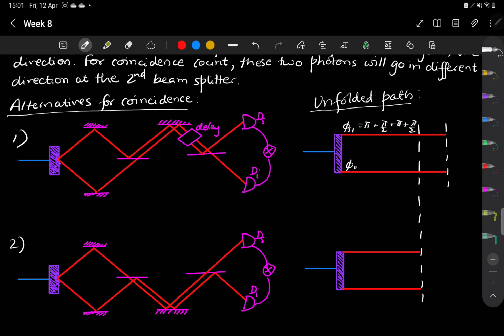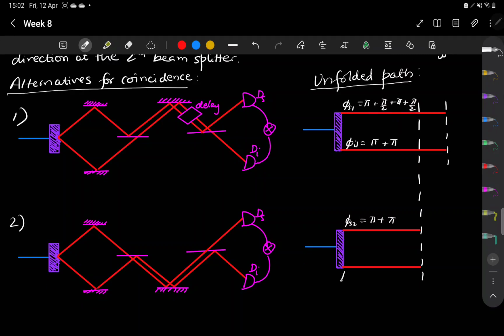And for idler it is a mirror and another mirror. Now here it is mirror plus another mirror, and for idler it is mirror plus beam splitter plus mirror plus beam splitter.